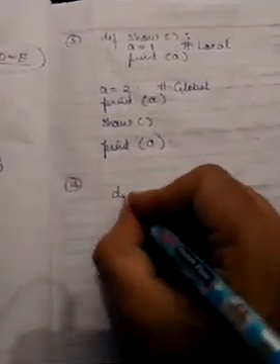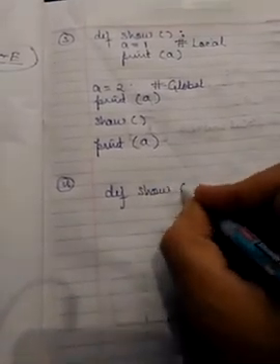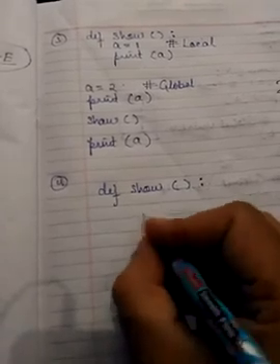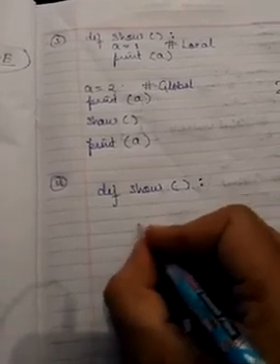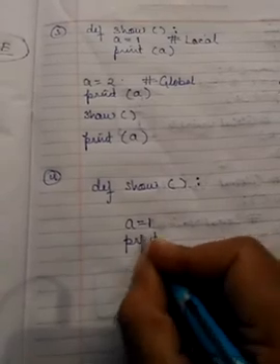Now, fourth example. Def show. Let us define a equal to 1, print a.